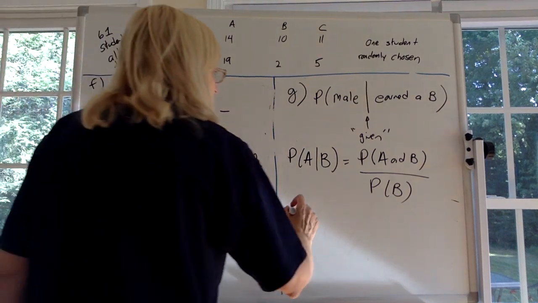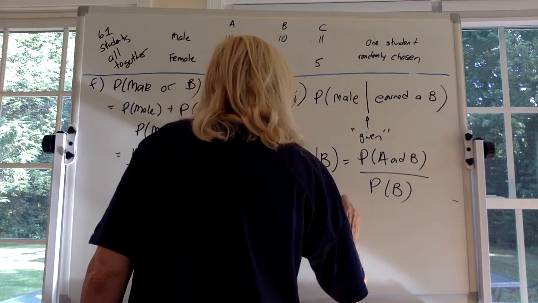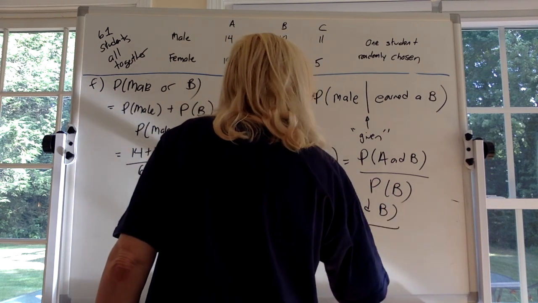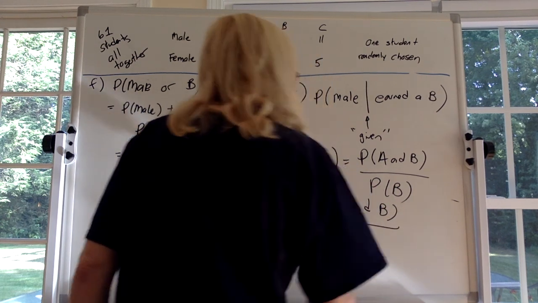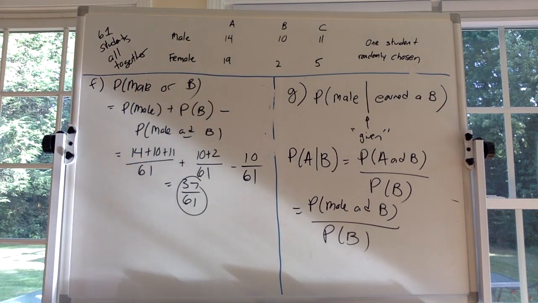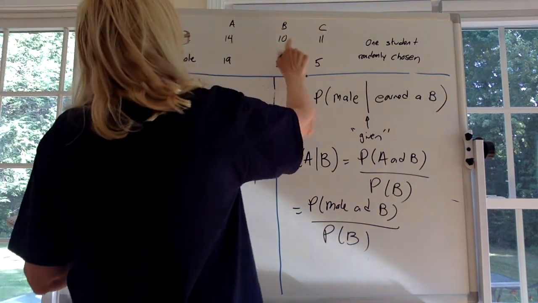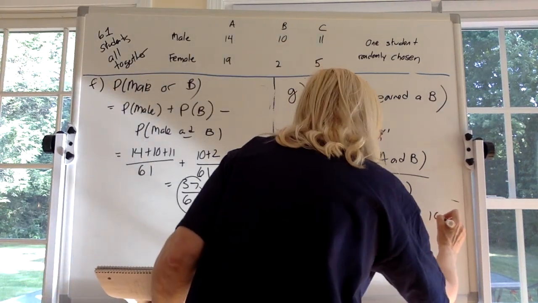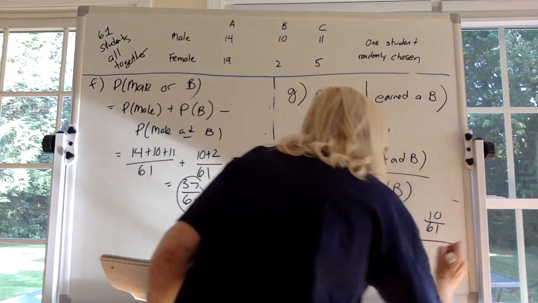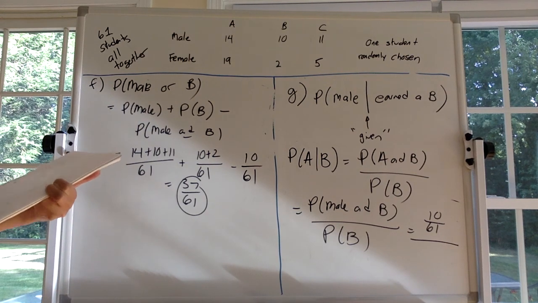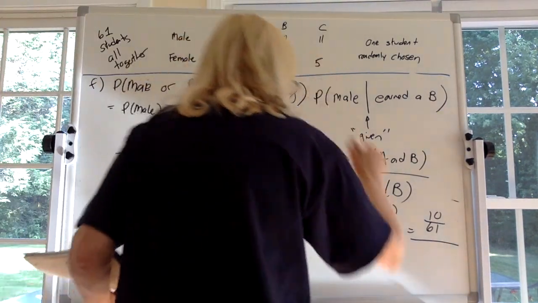It's the probability of A and B over the probability of the second guy, the probability of B. So in our case, it's the probability of male and you got a B over the probability you got a B. What's the probability that he's a male and got a B? That's these 10 guys, so that's 10 over 61, all over the probability you got a B, which is these two groups of people.